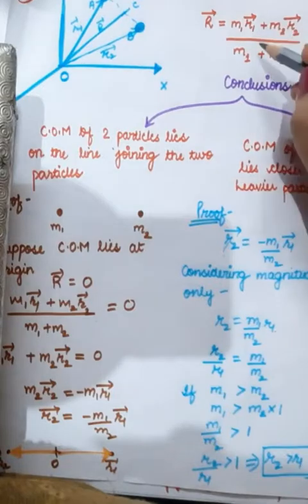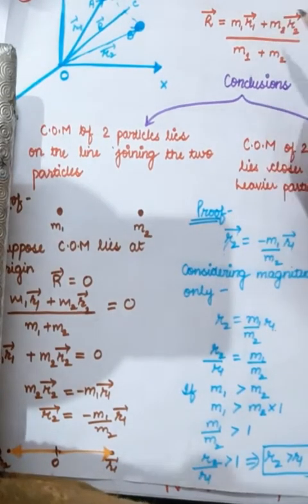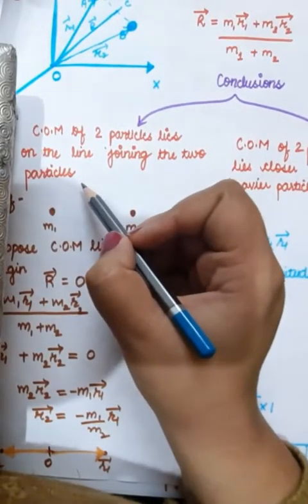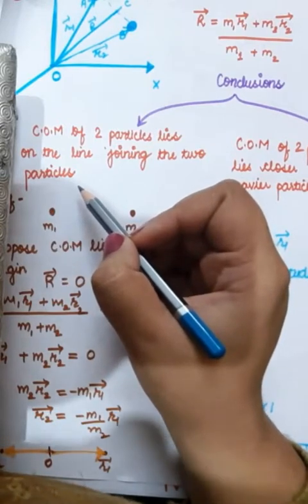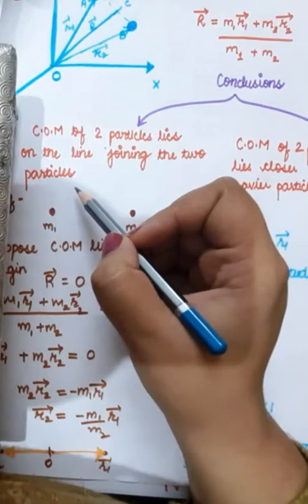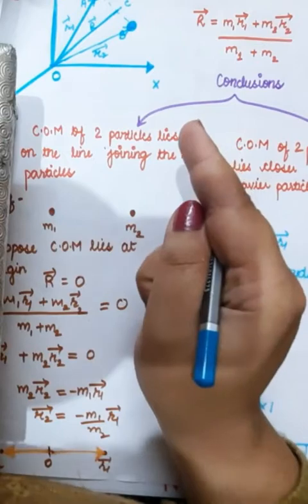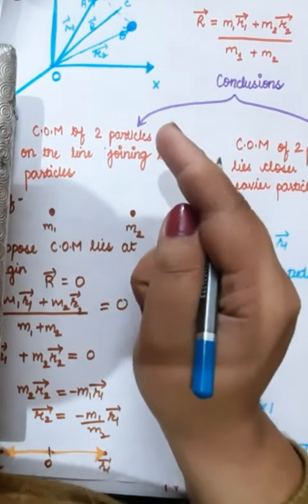So conclusions that you can have after this value will be: conclusion number 1, always remember that if you have a system comprising of only two particles, then the center of mass of a two particle system always lies on the line joining those two particles.